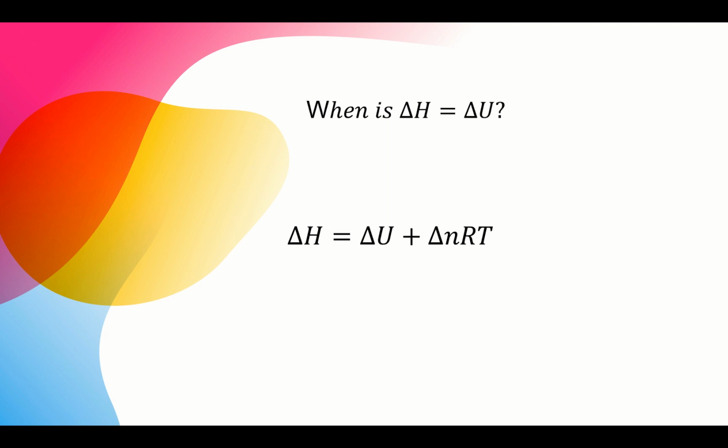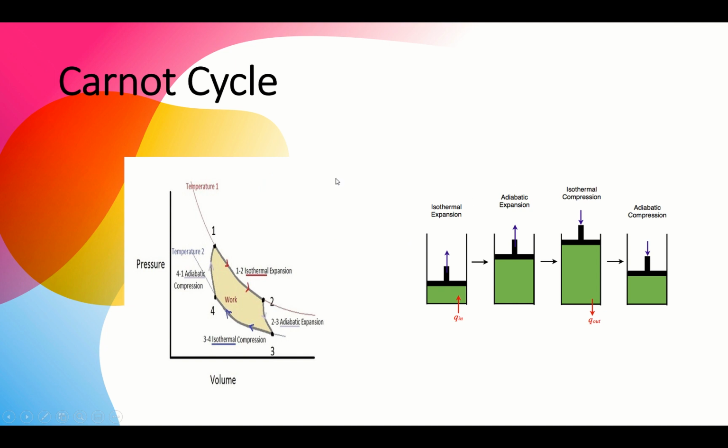Nothing surprising. The Carnot cycle describes this hypothetical, theoretical thermodynamic cycle, which consists of the isothermal expansion, because you have increasing volume, adiabatic expansion, then isothermal compression and adiabatic compression.